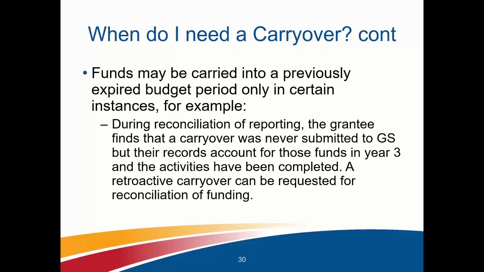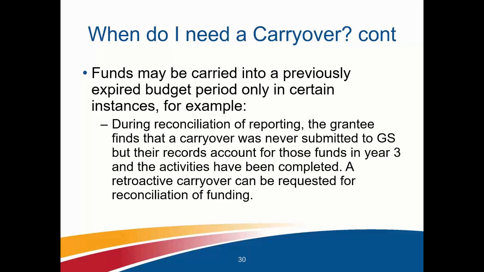In some instances, grantees will have remaining year 1 expenses that haven't been paid for, and also have an unobligated balance from that particular year, be it year 1 going into year 2, year 2 going into year 3, and so on and so forth. In that case, if they have expenses that haven't been paid for in the prior year and still have funds remaining in that year, instead of requesting a carryover, they should be requesting payment for expired funds.